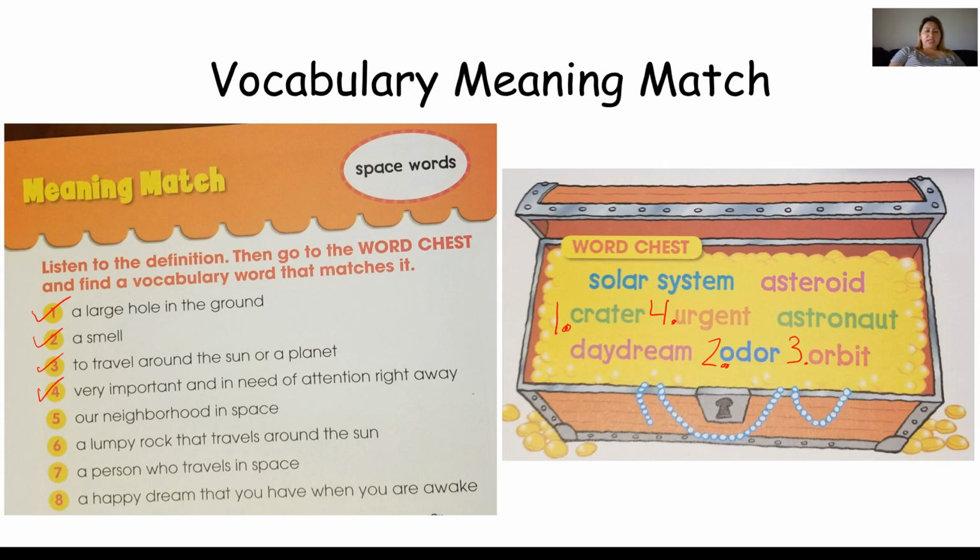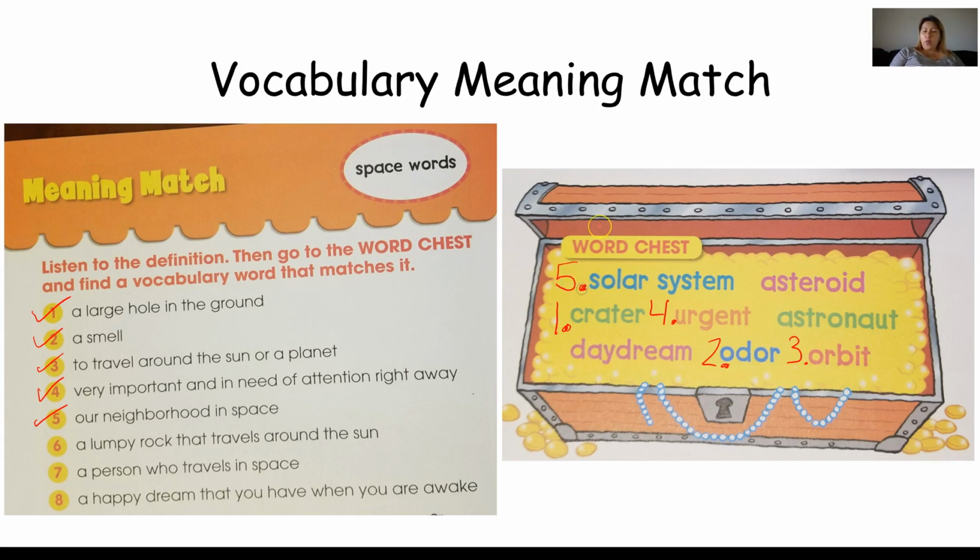All right, so let's move right along to number 5. Our neighborhood in space. Remember we talked about the 8 planets and our sun? That is what? That's right, our solar system.